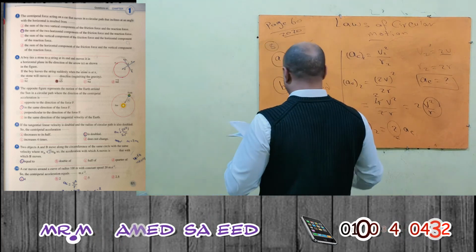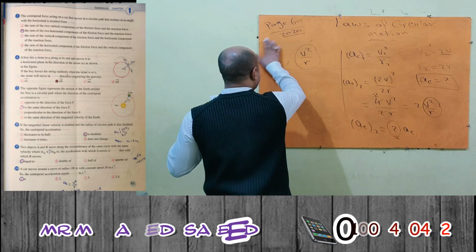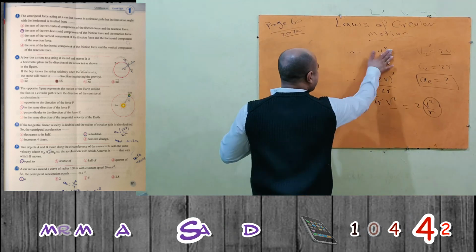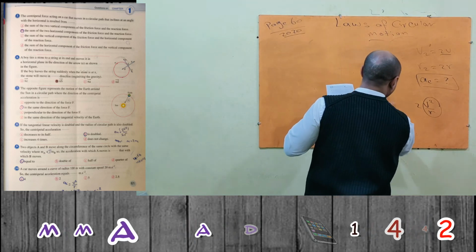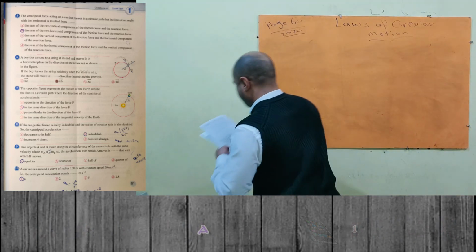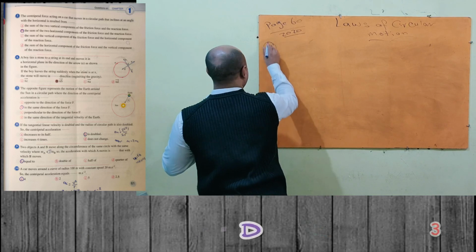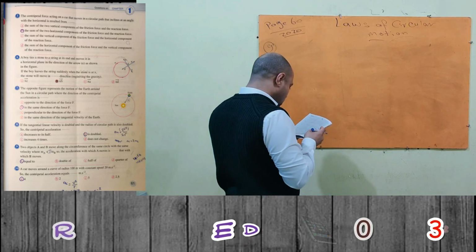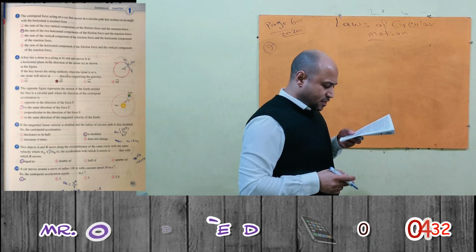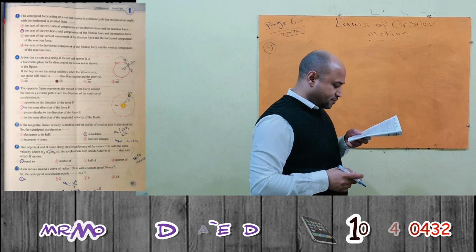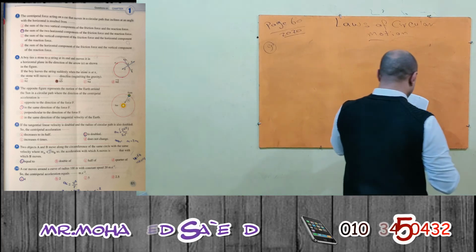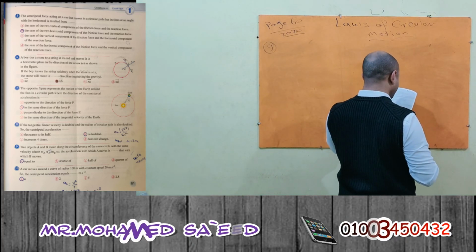Question number 9. Two objects A and B move along the circumference of the same circle with the same velocity, where MA equals 2MB.